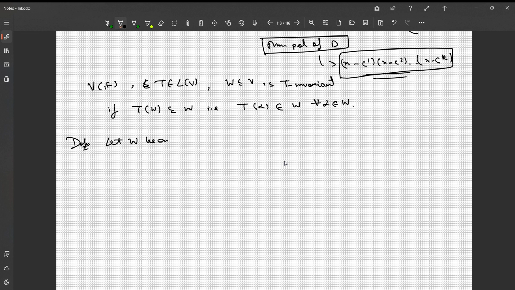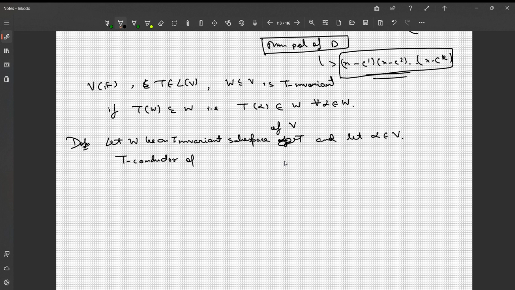Let W be a T invariant subspace of, say, a vector space V, and let alpha be an element in V.